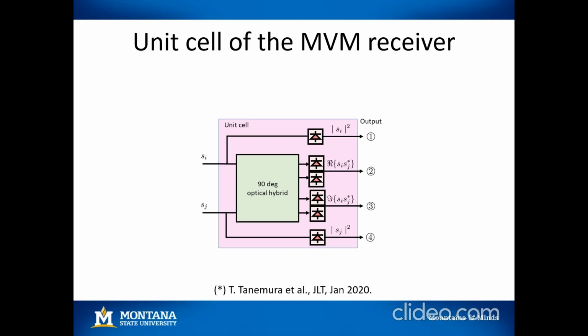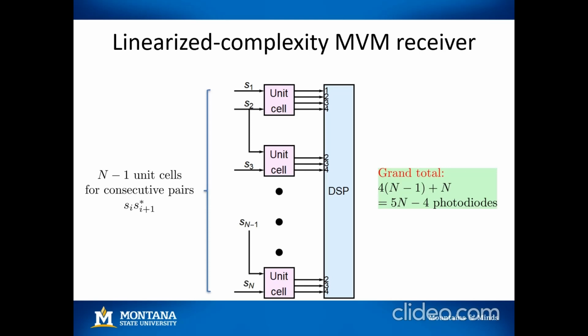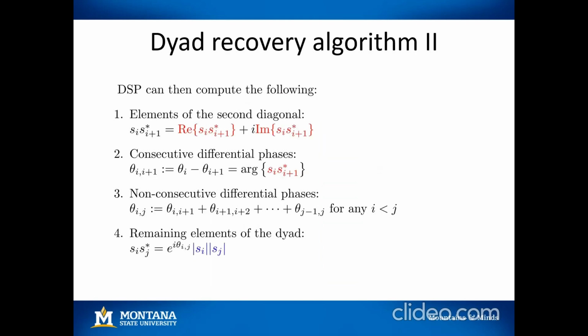So here is the unit cell of the mode vector modulation receiver taken from the article of Tanemura. We can concatenate n-1 unit cells to measure only the cross correlation between the terms that differ by one position in their index. We need a grand total of 5n-4 photodiodes using the diode recovery algorithm that I list here. You can read the details in the paper because I'm running out of time.